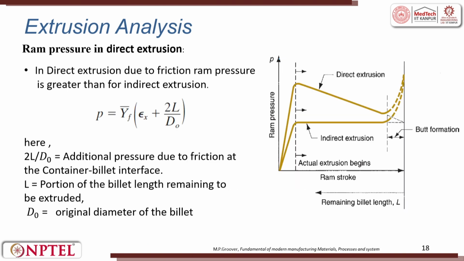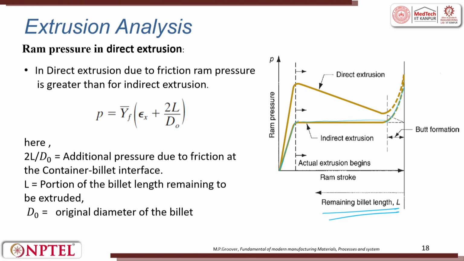If we want to plot the ram pressure against the ram stroke, which is the billet length L, you can see two different curves. One is indirect. In indirect, what happens initially? The pressure tries to increase. After a certain point, there is a uniform pressure applied, and then you see there is an increase in pressure.